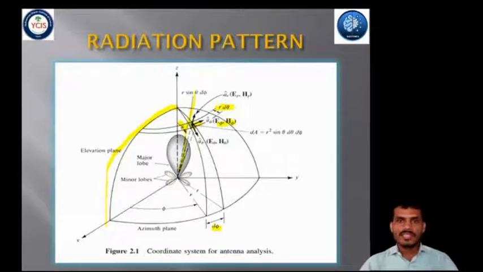And the third one is related to the third axis, the unit vector a_theta, and this is the electric component related to theta, and this is the magnetic component related to theta. So there are three different components, that is theta, phi and r, and these three components are totally different from each other.